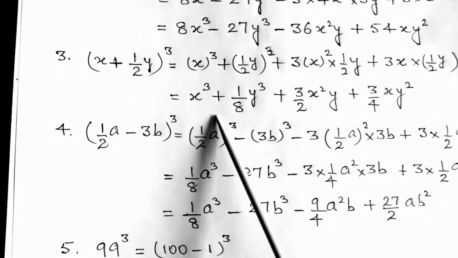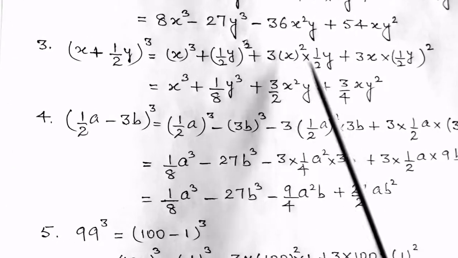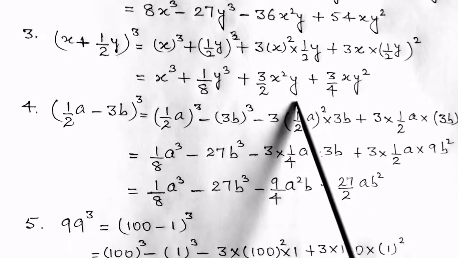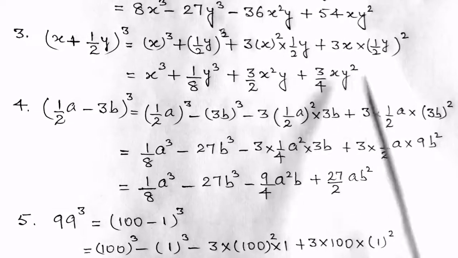So we have x³ + 1/(8y³), right? Here 3/(2) x²/y, and square of 1/(2y) will be 1/(4y²), so 3/(4) x/y².